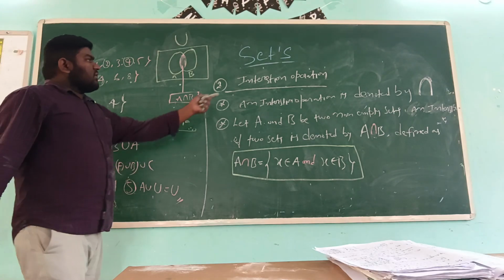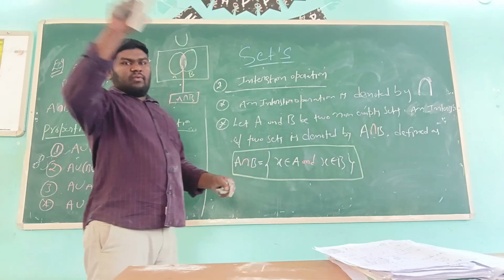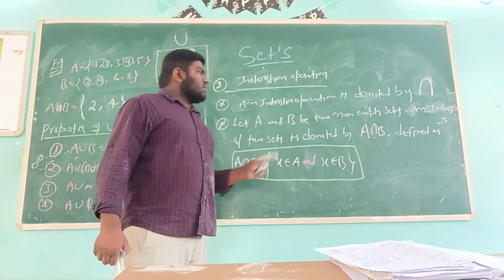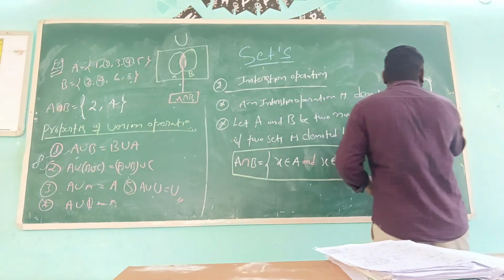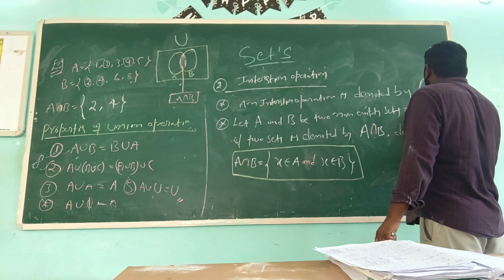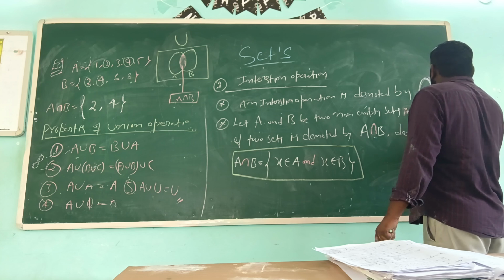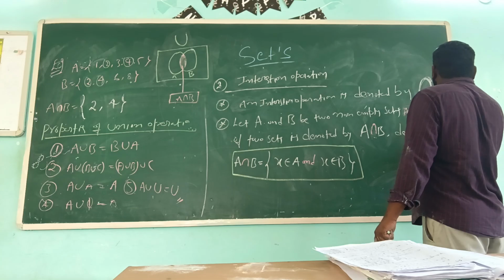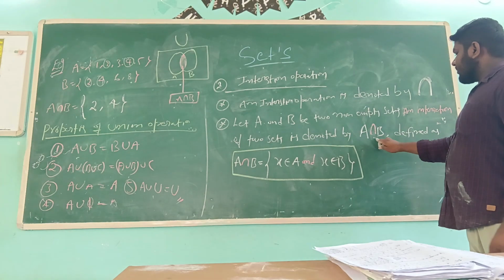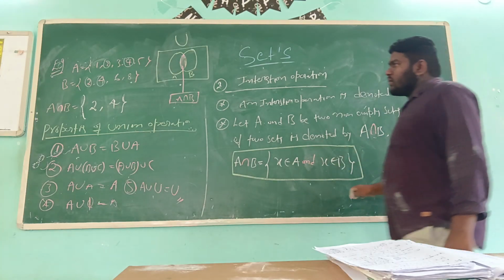Understood? The intersection operator is denoted by the reverse U, defined as follows. Let A and B be two non-empty sets. The intersection of two sets is denoted by A intersection B, defined as X belongs to A and X belongs to B. Understood?